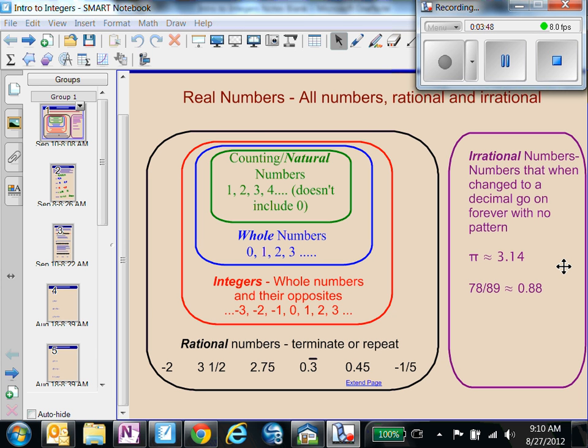To be more exact, on a calculator, you would use the pi symbol instead of 3.14, because the pi symbol would put a lot more digits in than 3.14. Anytime you take a fraction and you convert it into a decimal, if the decimal goes on forever and there's no pattern, that's considered an irrational number. And you'll see more examples of irrational numbers in higher level mathematics, but the one you're all familiar with right now is pi.